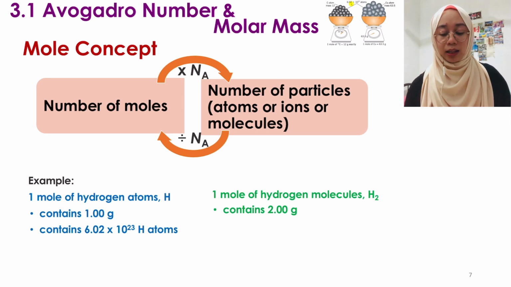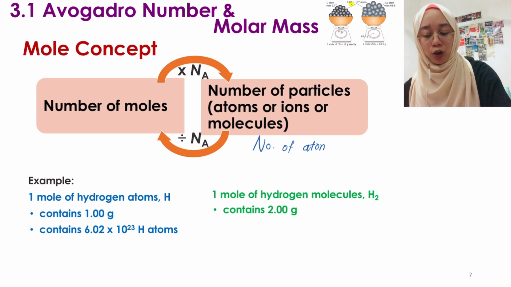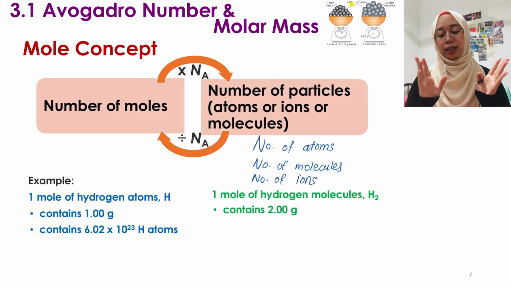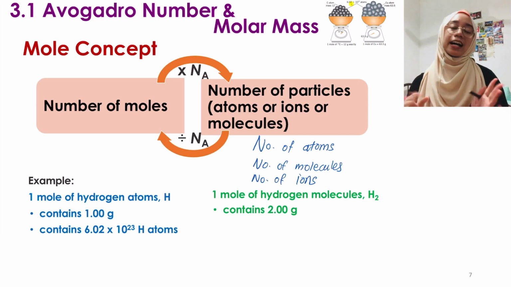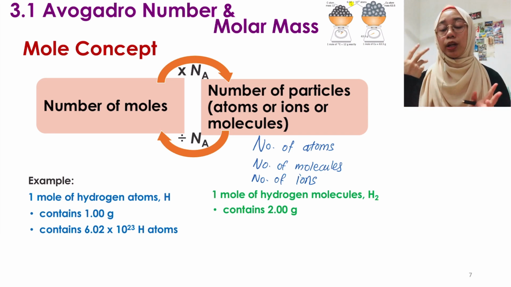Okay, and then in terms of number of, okay, so keep in your mind class, number of particles ni, sebab particles tu boleh jadi macam-macam kan. So kamu kena tengok betul-betul soalan, adakah dia guna perkataan number of atom ataupun dia guna perkataan number of molecules ataupun dia guna perkataan number of ions. So be careful. Soalan tak akan cakap calculate the number of particles, tak. Dia akan be specific kat situ. Dia akan mention atom, dia akan mention molecule ataupun dia akan mention ion.